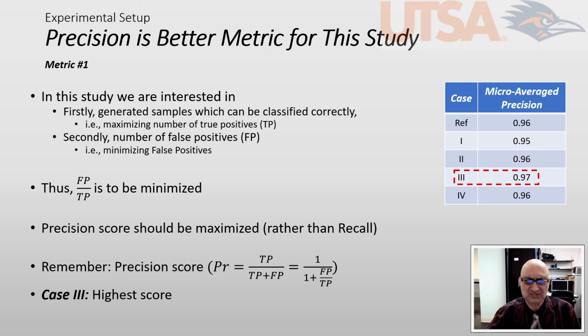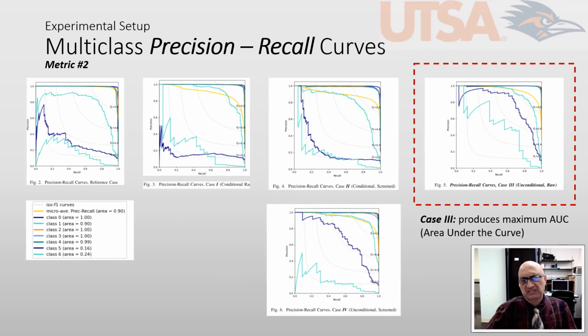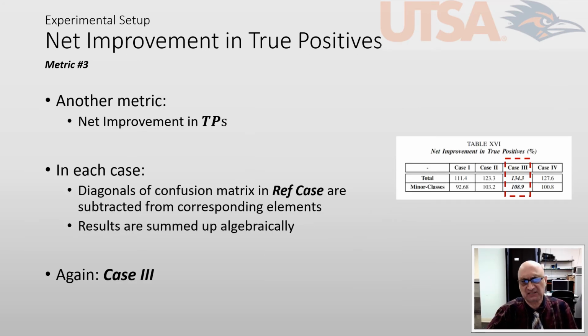Another metric that we used was the multi-class precision recall curves. As we all know, the objective here is to maximize the area under the curves, and as we can see from the curves, study case number 3 produces the maximum area under the curve. The other metric that we used was the net improvement in true positives.